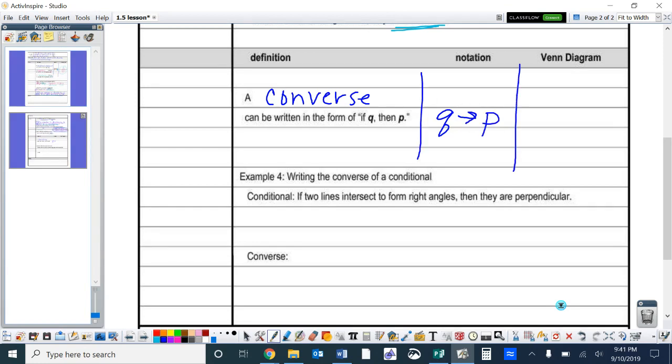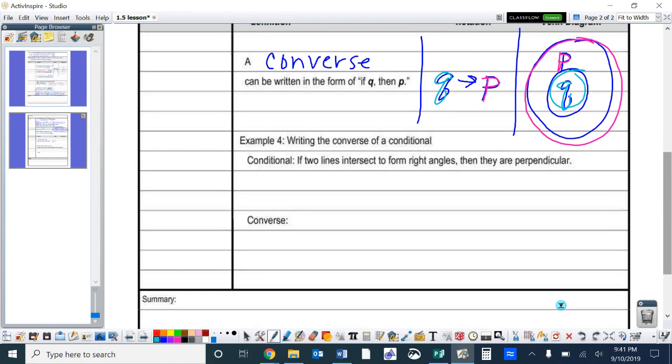And so the Venn diagram then switches. So the hypothesis goes in the inner circle and the conclusion goes to the outer circle. So our hypothesis was in pink. That is now in the outer circle. So let's check that out.